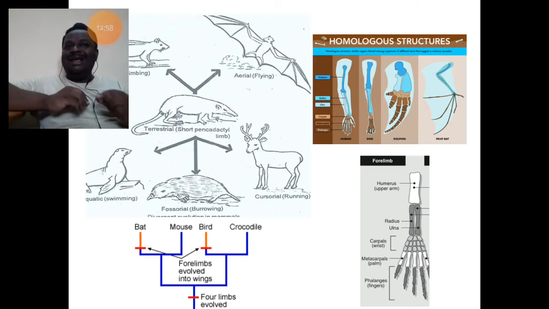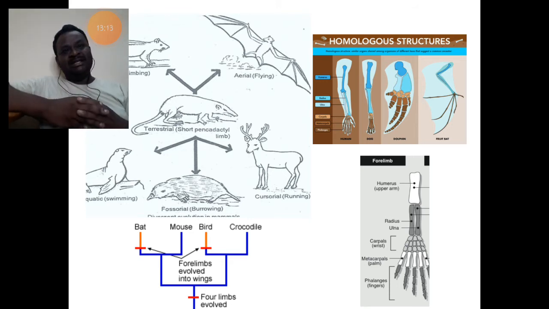So a common ancestor forms similar structures that show dissimilar or diverse functions of organ structures. They are commonly called homologous structures or homologous organs.